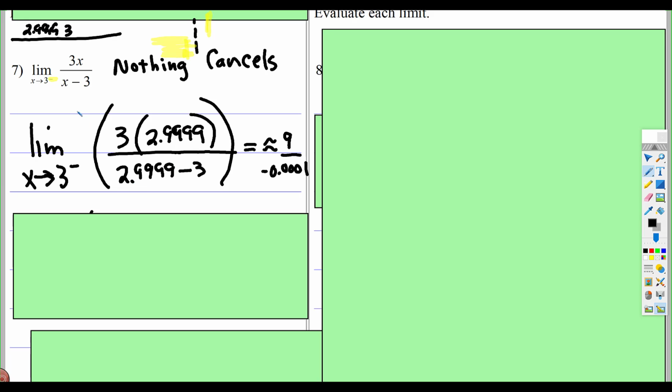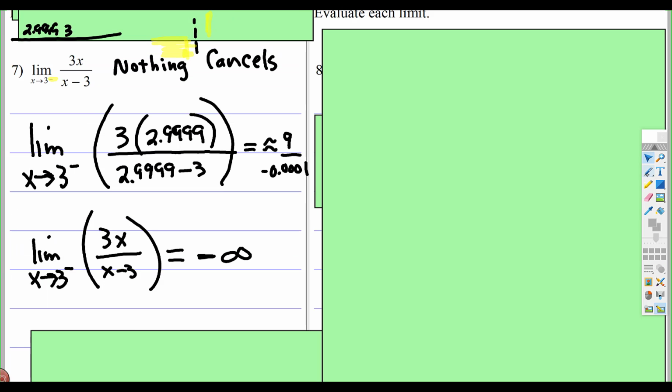And then x subtract 3, 2.9999 subtract 3 is negative 0.0001. And when you divide that, you get a really large negative number, which means that graph is headed towards negative infinity. And that is the work that you would show me, just like that.